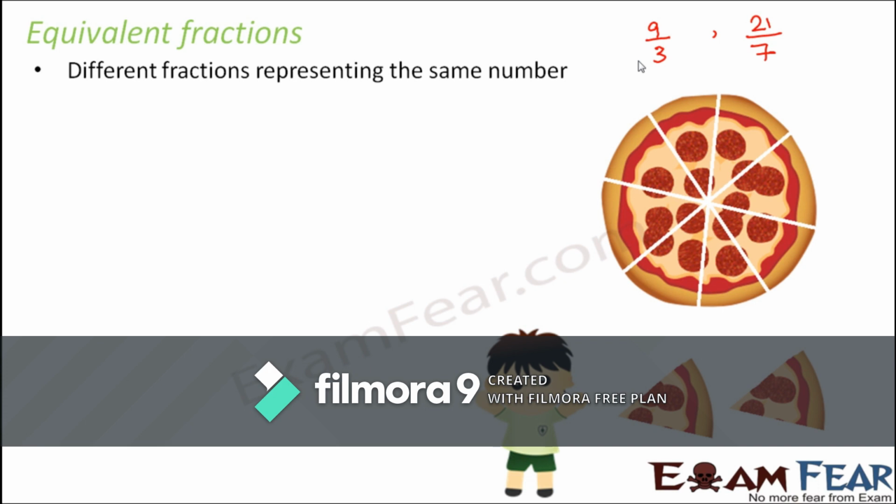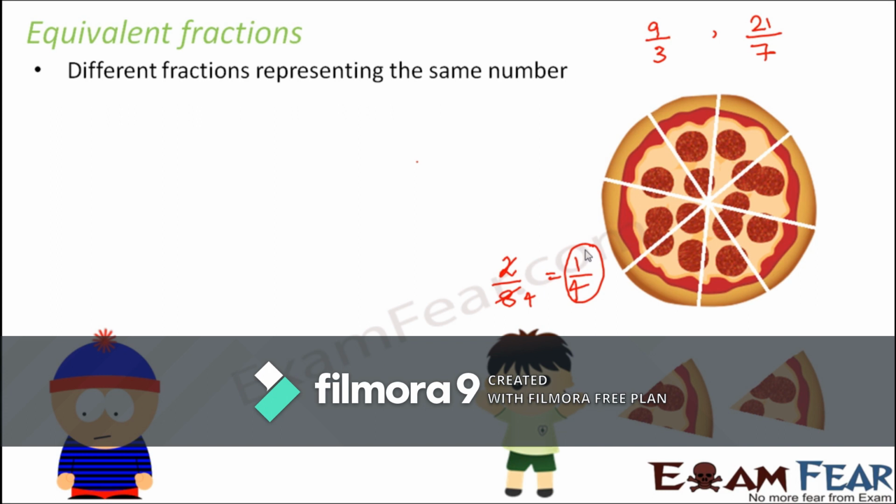So if I ask what part of the pizza did the boy eat, the boy ate 2 slices out of a total of 8 slices. That means 2 by 8, which is nothing but 1 by 4, because 2 into 4 is 8. So basically the boy ate 1/4 of the pizza. So this is one scenario.